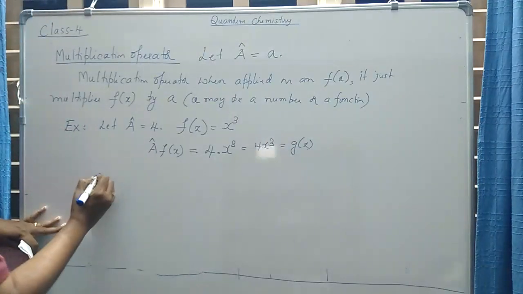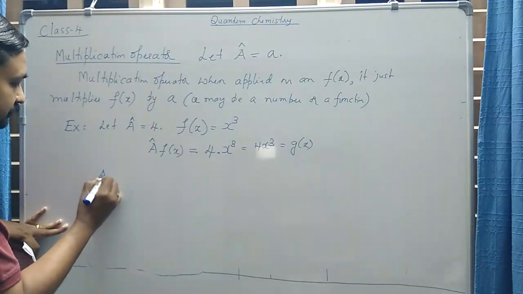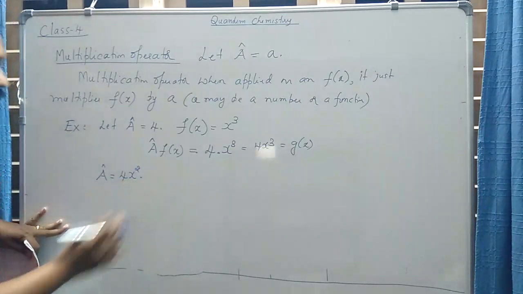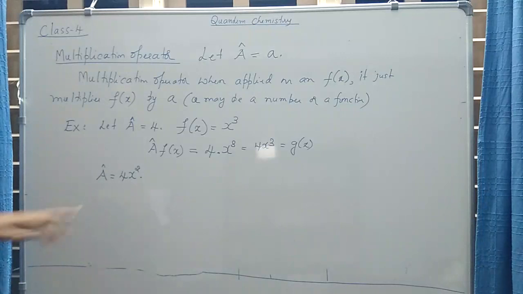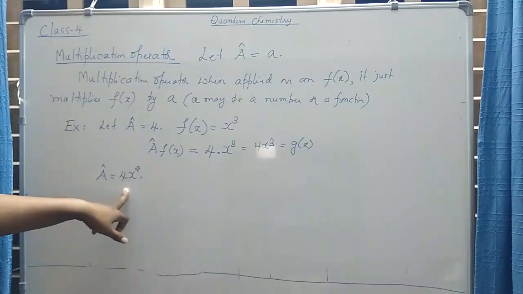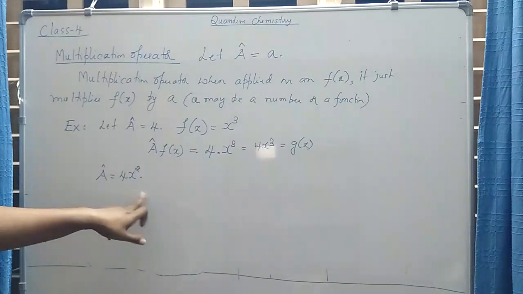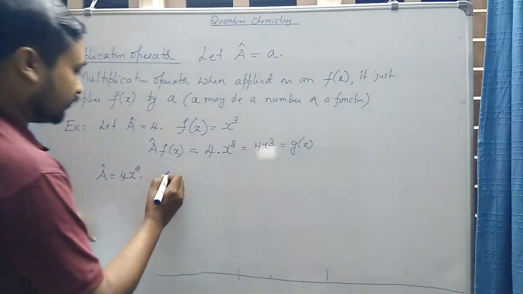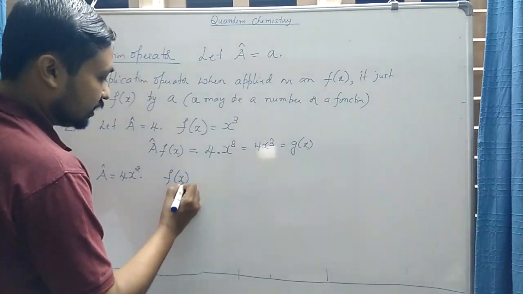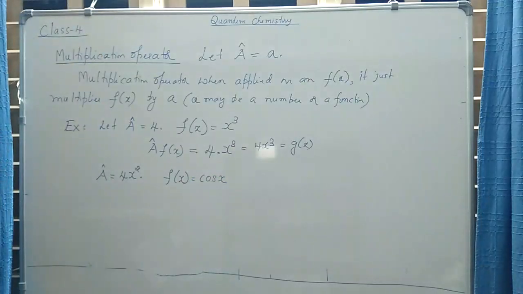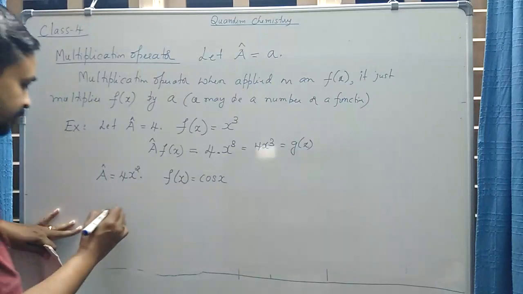Let me take one more example. So this is a multiplication operator. So here, with what are we multiplying? We are multiplying a function by 4x square. And I have a function operand f of x is equal to cos x. Again, let us write the operator equation.